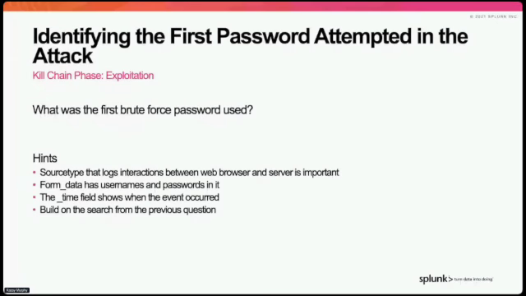If you also recall, we used the table command to provide a nice result set of that data. We're going to be using the same source type. Remember to look in the form_data field. The _time field is going to show you when the event occurred. We're going to be building on the search from the previous question. We will walk through this at 02 after the hour.